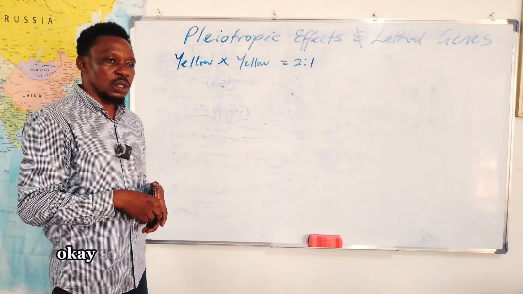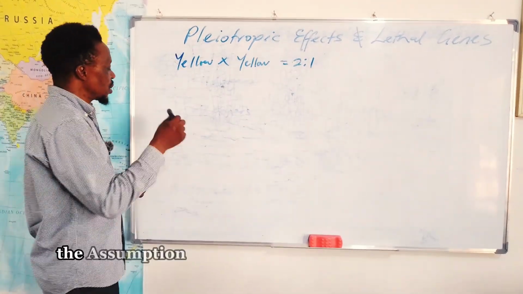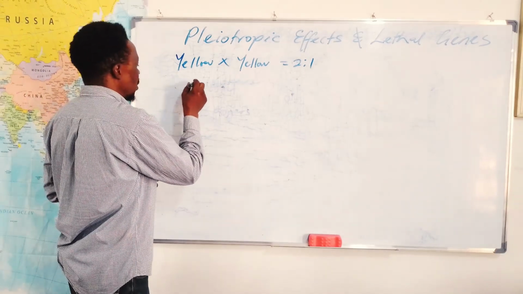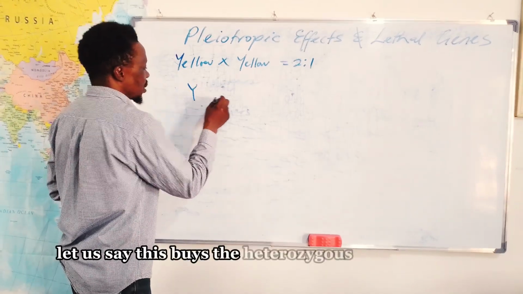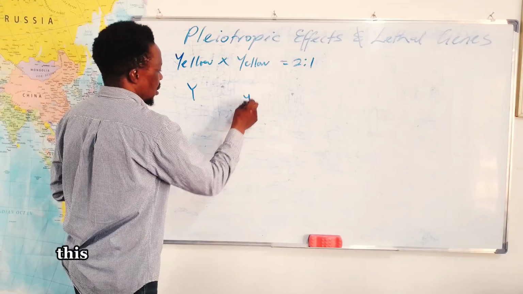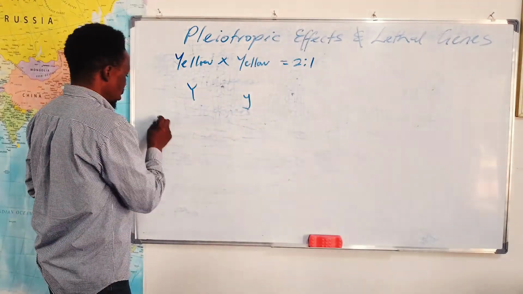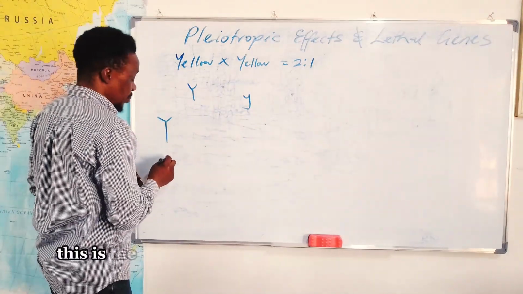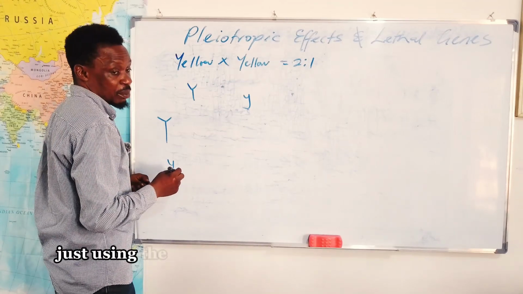So the assumption therefore is, let us say these mice are heterozygotes, yellow. This is the Punnett diagram, just using the Punnett diagram.